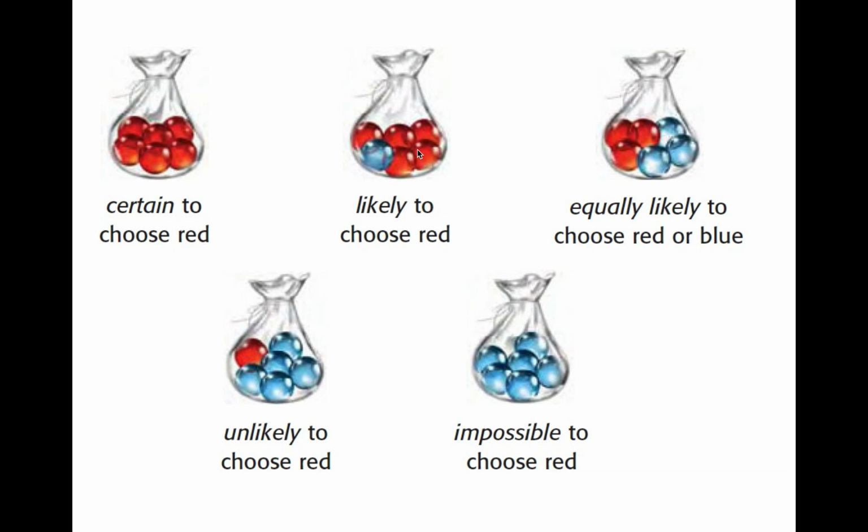Now, we are likely to get a red ball here, but we are not certain because there's a blue ball. Here is a 50-50% chance. We have 3 red balls, 3 blue balls. Here, it's unlikely we will choose red because there are 5 blue balls. And here, it's impossible we will get red because there are no red balls in this bag. So these are different ways to describe our probability.